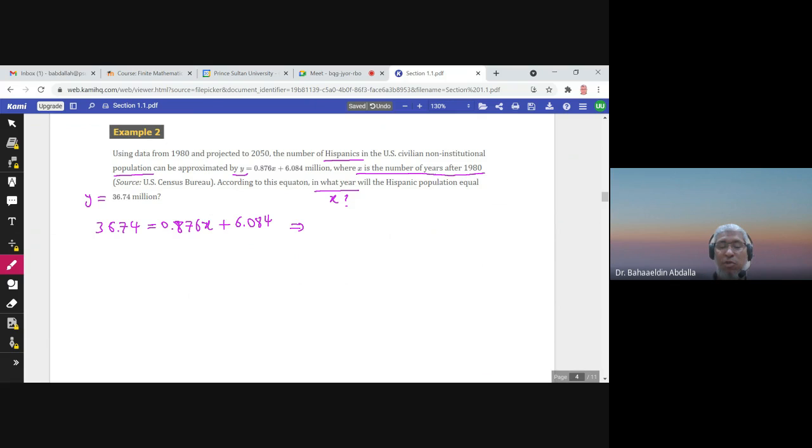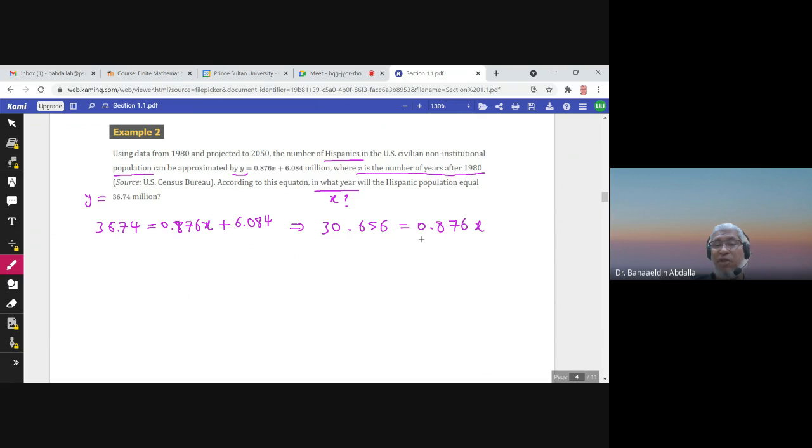Let me use the calculator. 36.74 minus 6.084, that's 30.656, equals 0.876x.